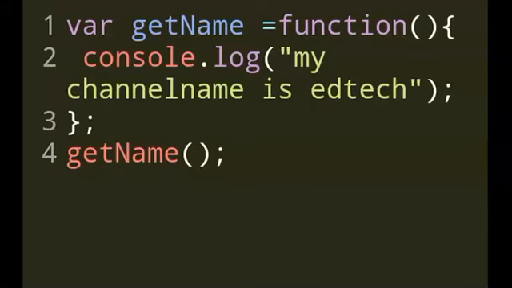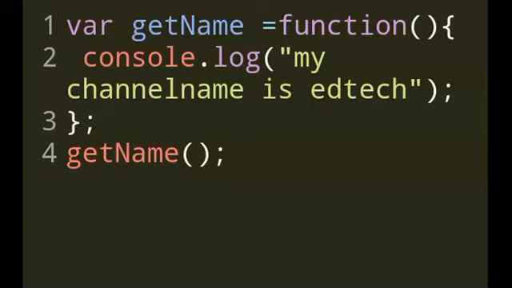Because there is no name allocated between the function keyword and the parenthesis. We need to give a name there, but here there is no name, right? Functions like this are called anonymous functions, and here we assign this function to the variable getName. So this is one example of anonymous functions in JavaScript.